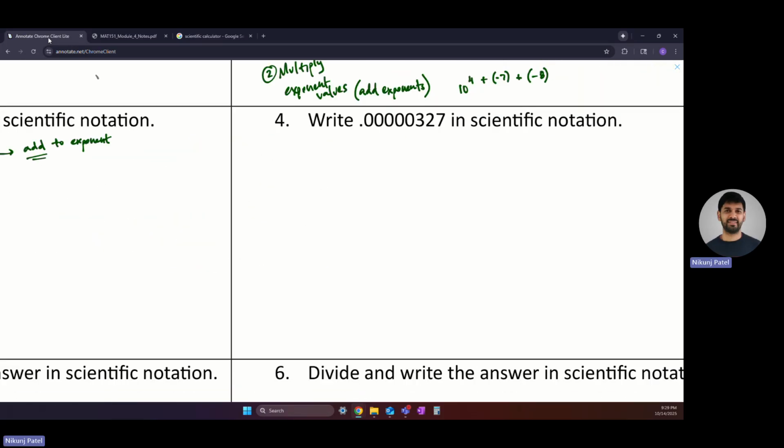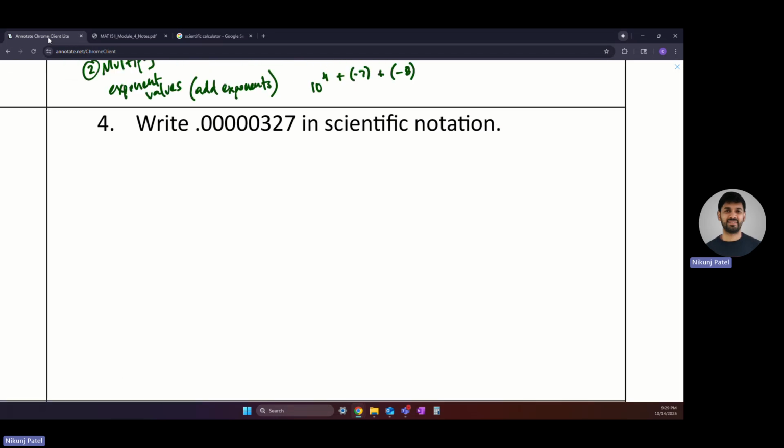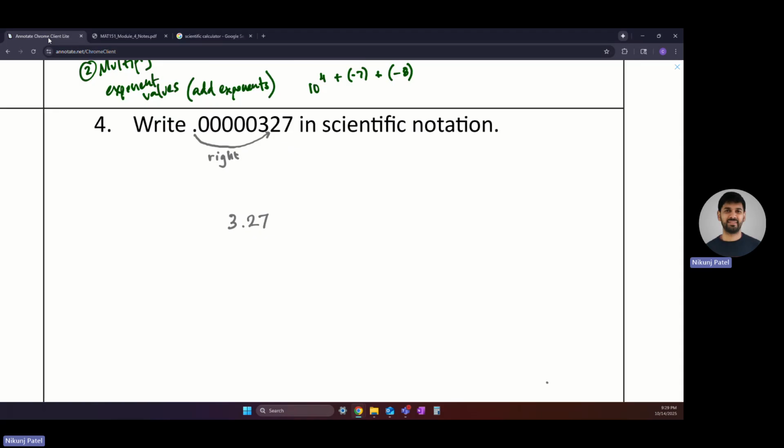On number 4 now, we have a similar example, except now we see that our decimal is at the beginning and we need to move it to the right to make this 3.27 times 10 to the, and then we don't know the exponent yet, but we need to count how many spaces we moved that decimal. So it started here. There's 3, 4, 5, 6 spaces that we moved it. We moved it to the right 6.